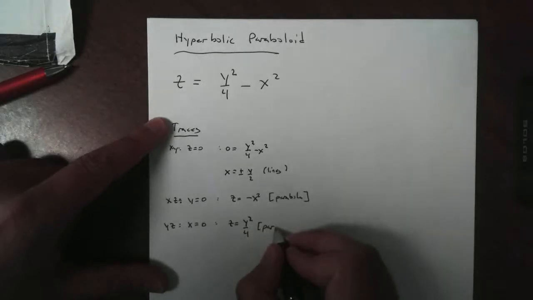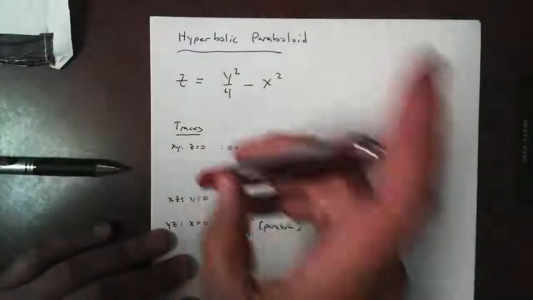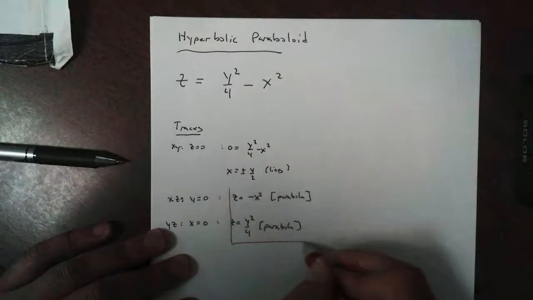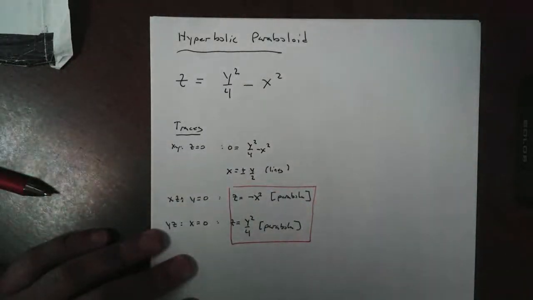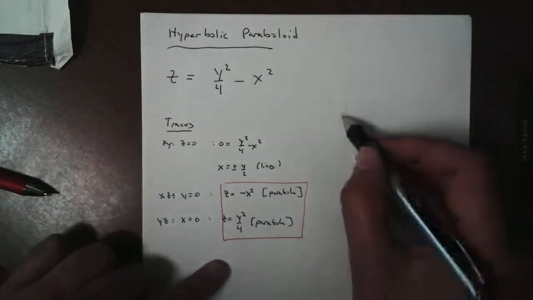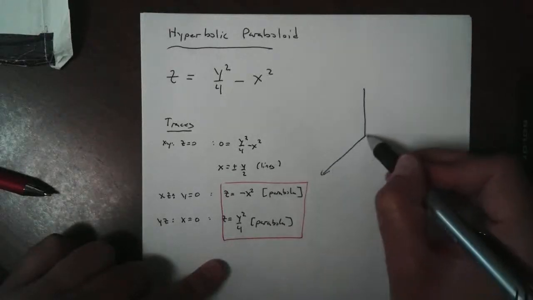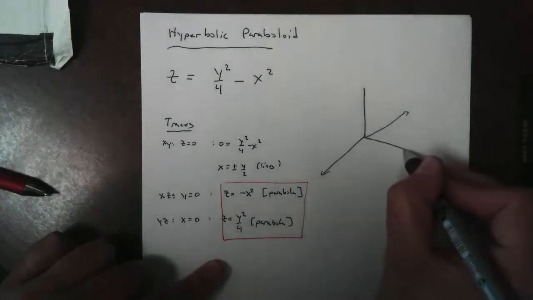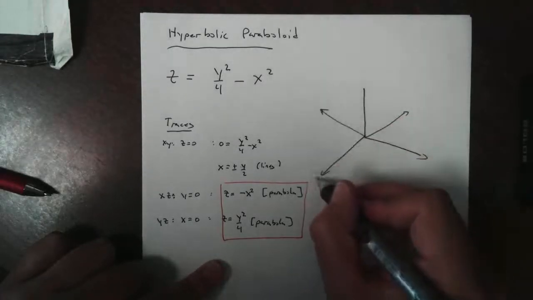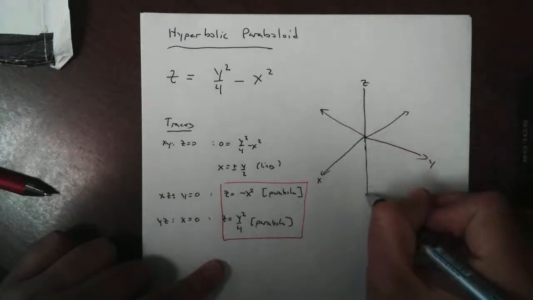These are what we're going to use to graph this. When I graph this, I'll draw x, y, z, and it does go down like this as well.